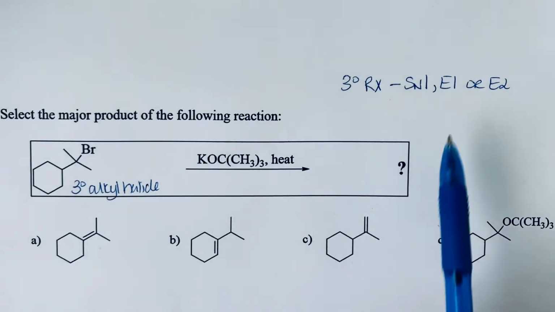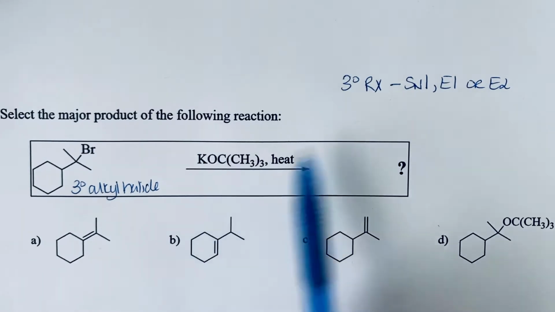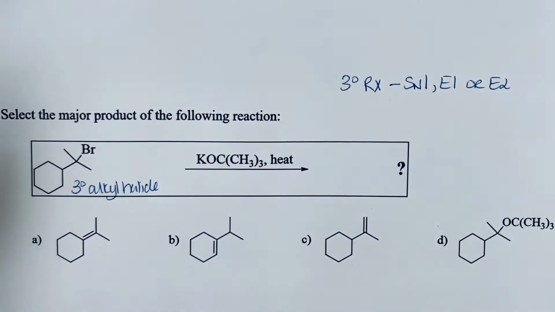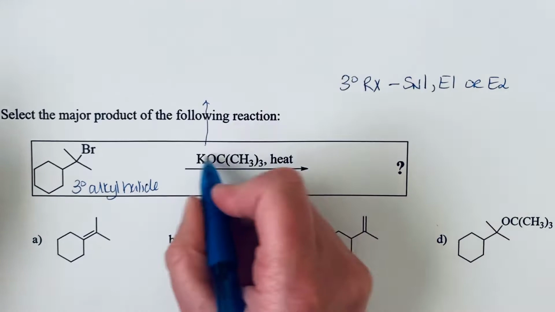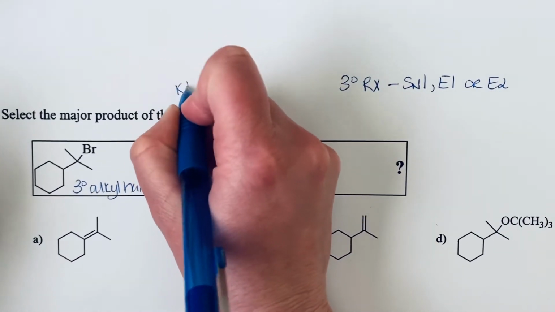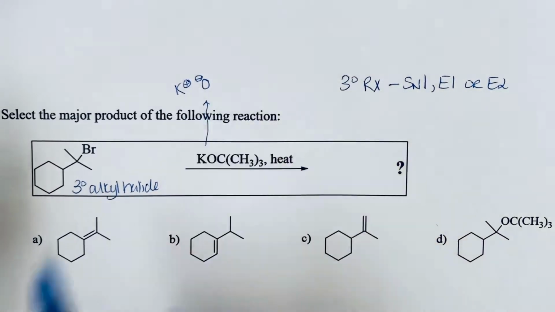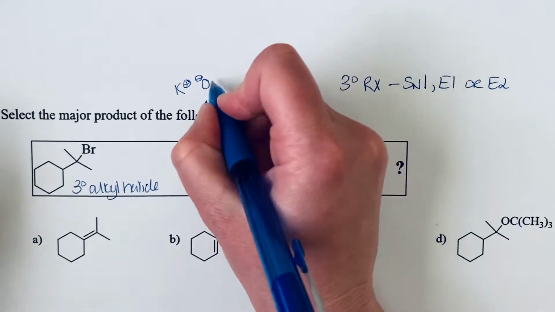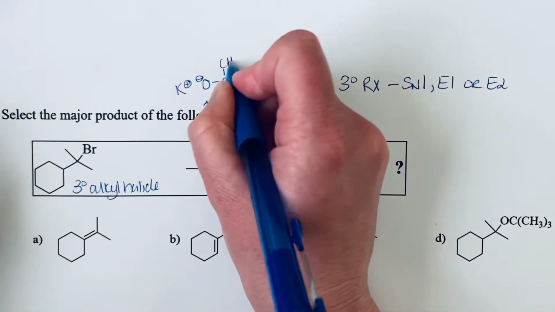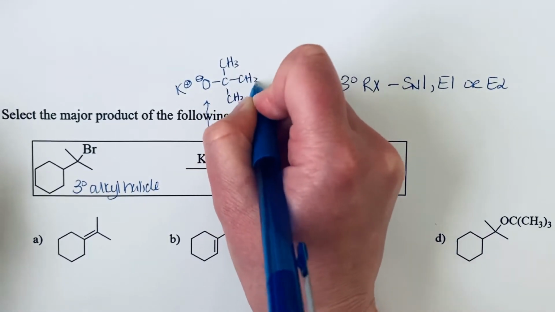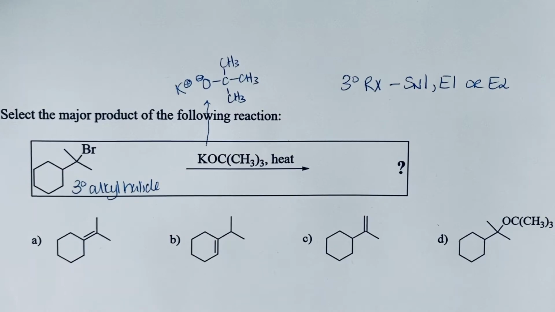And so then we're going to need to look at what we're reacting it with to decide between these remaining three pathways. We see that we have potassium tert-butoxide and that we're heating the reaction up. If we expand the structure out, potassium is the counterion, which means the oxygen next to it has a negative charge, and then we have a tert-butyl group. We would describe this as a strong base.